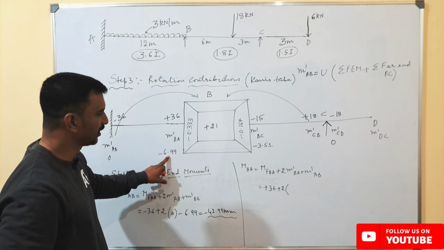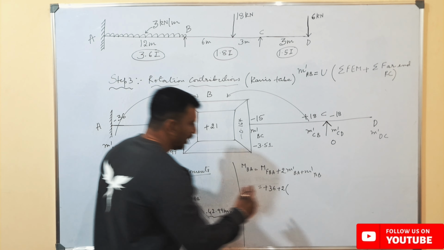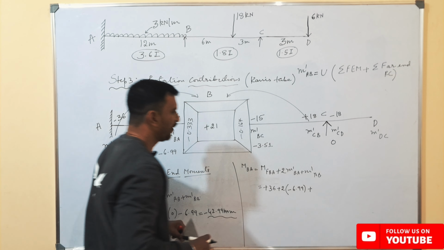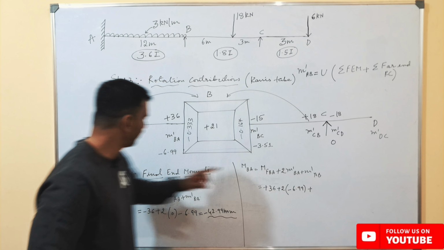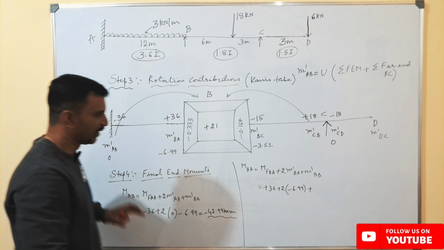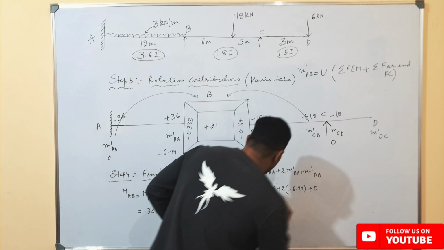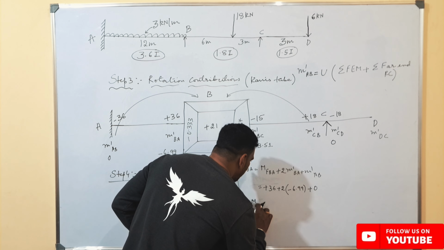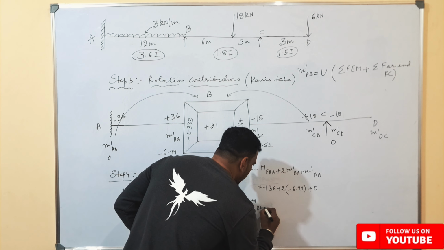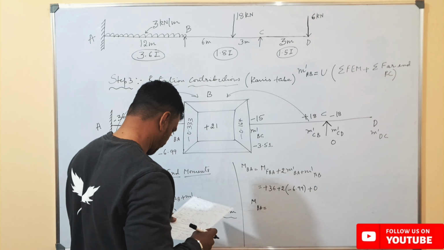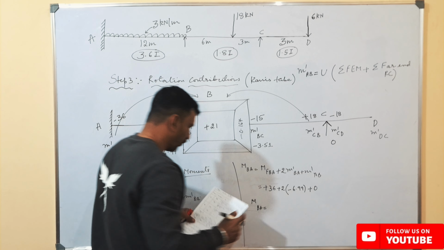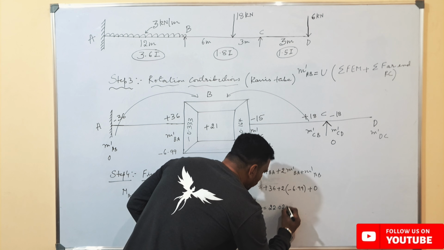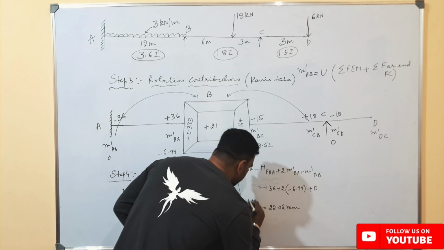The near end here is M dash BA, the value is minus 6.99, plus 1 times rotation contribution about the far end. The far end rotation contribution is 0. So final end moment from point B to A will be equal to 22.02 kilonewton meters.